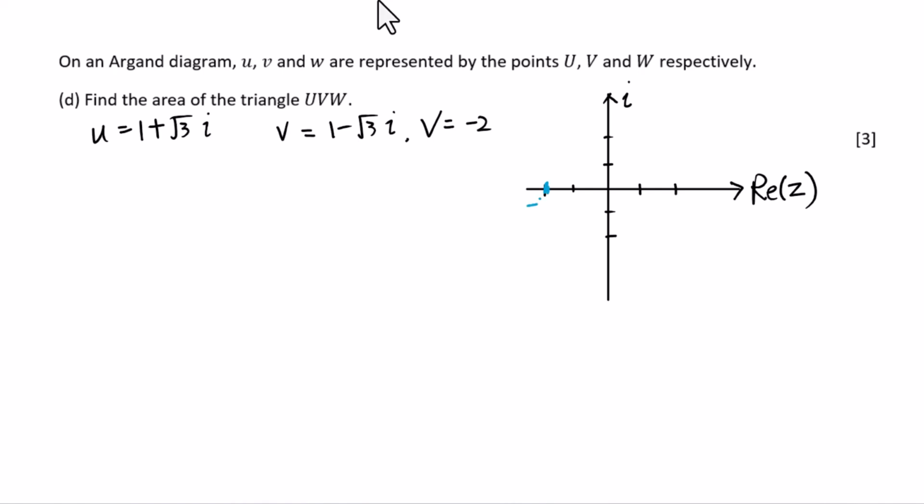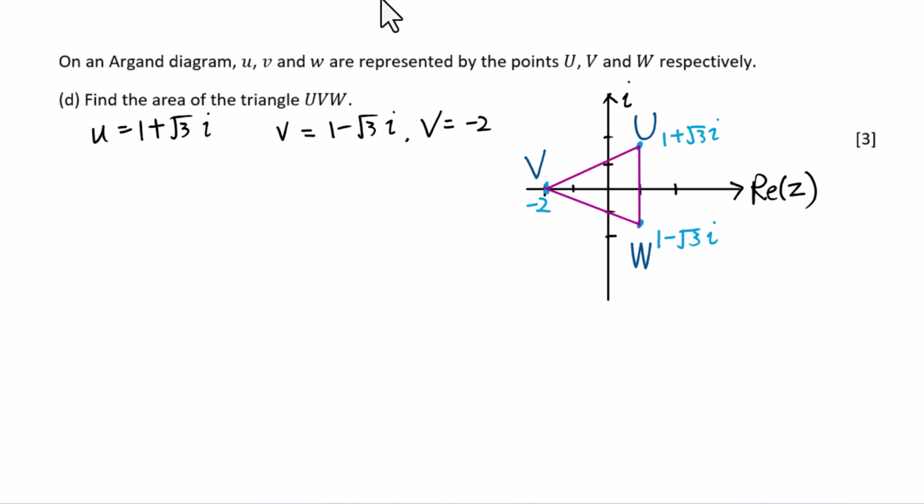This is negative 2. 1 plus square root of 3 i. 1 plus square root of 3, estimate here. 1 minus square root of 3 i. Then connect these 3 points to form a triangle. This is V. Here is U. This is W.